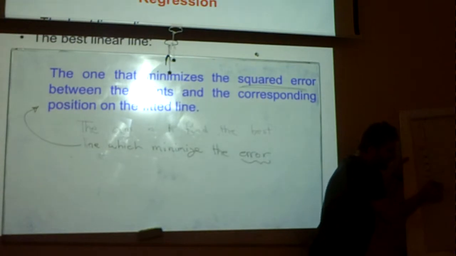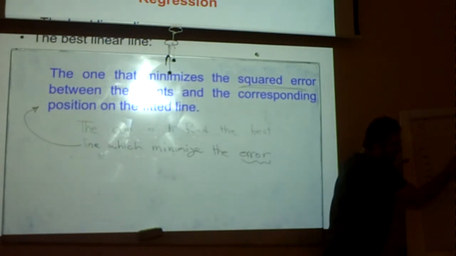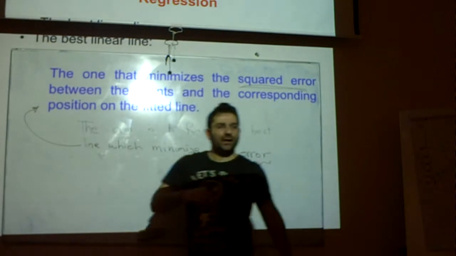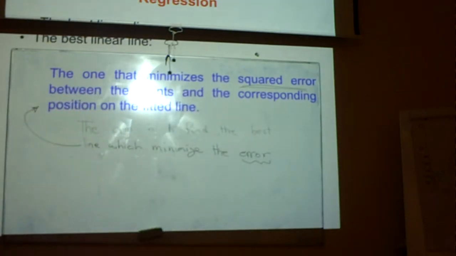I calculate the perpendicular distances between the points and my line, and I add all these values and try to minimize it. What will be the minimum value?